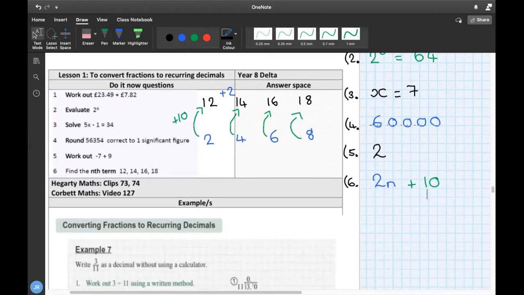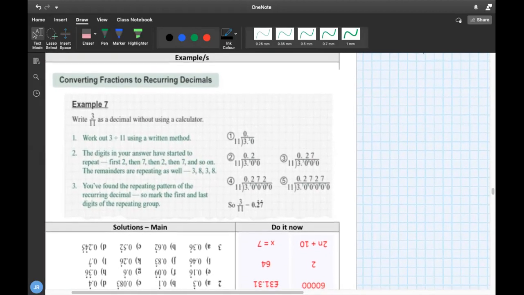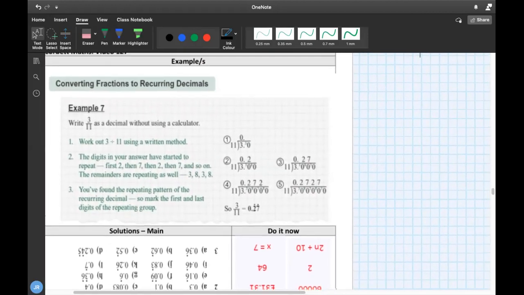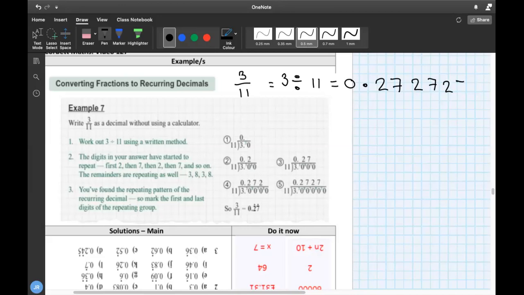Okay, next, let's have a look at some examples. So the example that they've given you here is 3/11ths. Now, 3/11ths is literally 3 divided by 11. And what you get out is this long number, 0.272727.